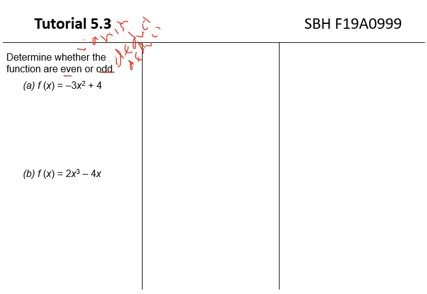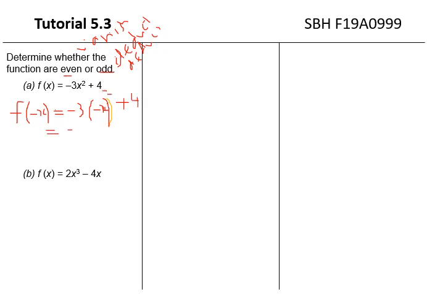f(x) equals negative 3x squared plus 4. In order to determine whether it is an even or odd function, we replace the input with negative x, and then we look at the result. Negative 3 times negative x, squared, plus 4.